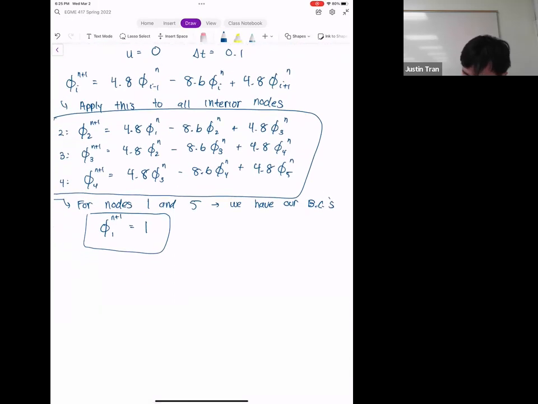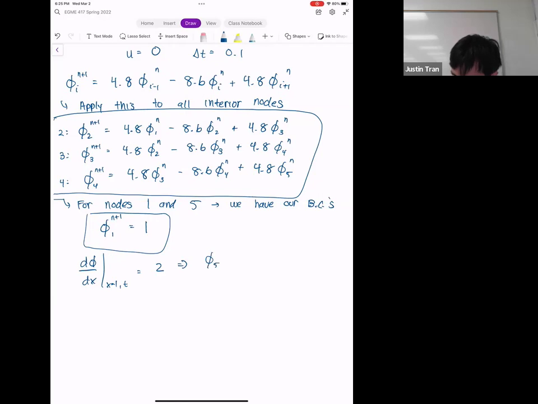And then same for our Neumann condition. For node 5, we have d phi dx at x equal to 1 and t equal to 2. Just like we did before, we're going to replace this with a finite difference in space.